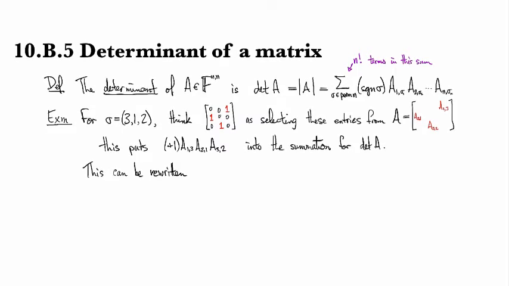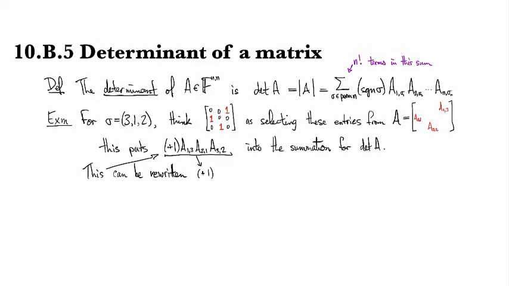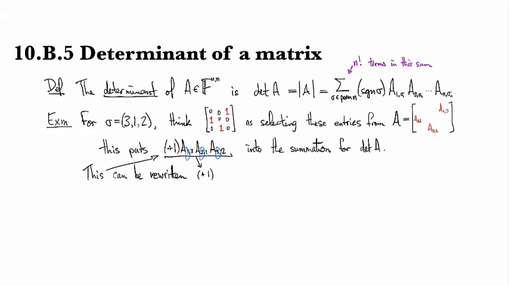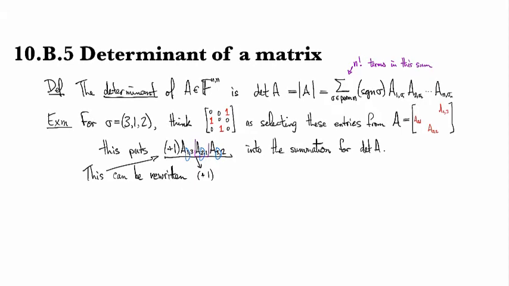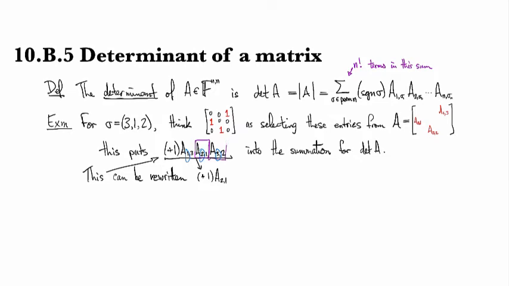So notice that this term right here can be rewritten as +1, and the way that I have it written here, it's ordered by increasing the first index, but I could rewrite exactly those same terms in terms of the second index. So here's where the 1 appears. So I would have A21, and then that's my 1, and then my 2 is the second one in this one.